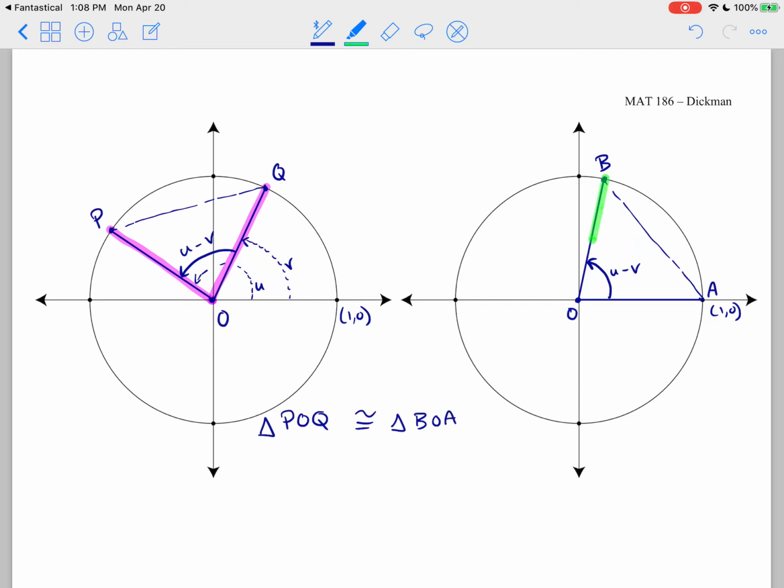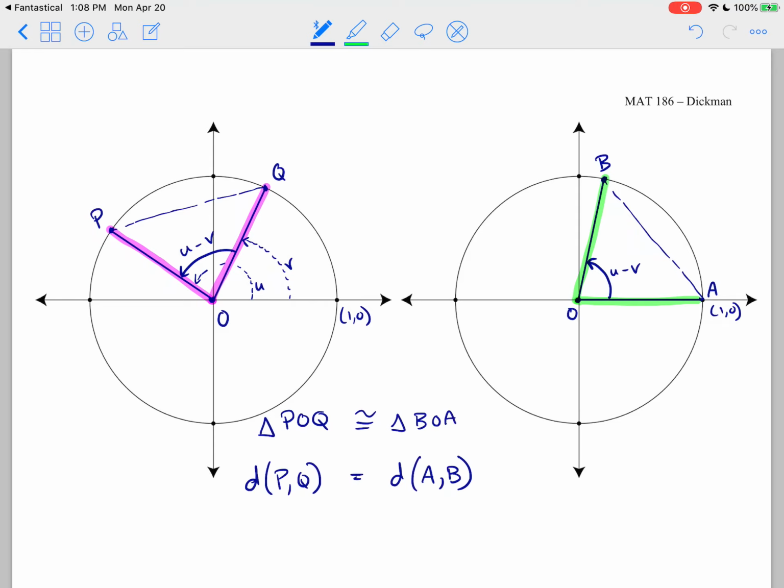And that also corresponds to this side right here and this side right here. Those have lengths of 1 because they're all radii. They come from the center of the circle and they touch a point on the outside of the circle. So that means since the 2 triangles are congruent, that the distance between P and Q has to be the same as the distance between A and B. Okay?